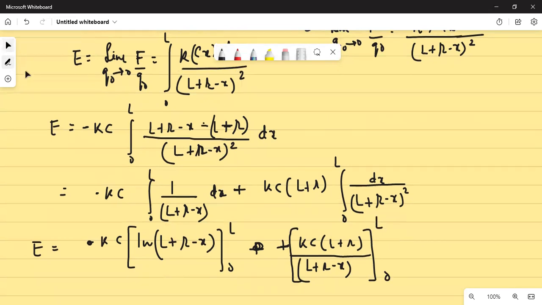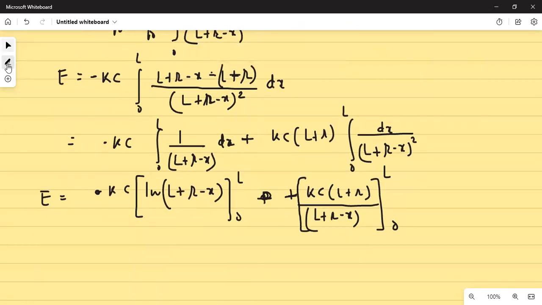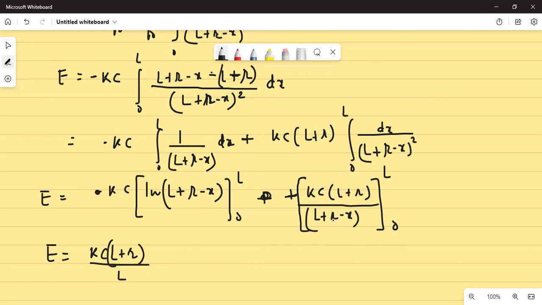So overall, the electric field E is equal to, if I just write this expression, K C times (L plus R) divided by R, sorry, so L gets cancelled.